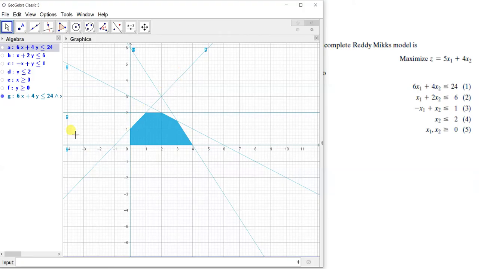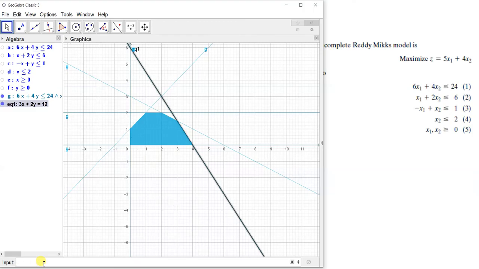Now we need to plot the equations associated with all the inequalities so that we can find the intersection points of all these equations, or the corner points of the feasible region. So let's plot the equations. The first equation is 6x plus 4y equals 24.